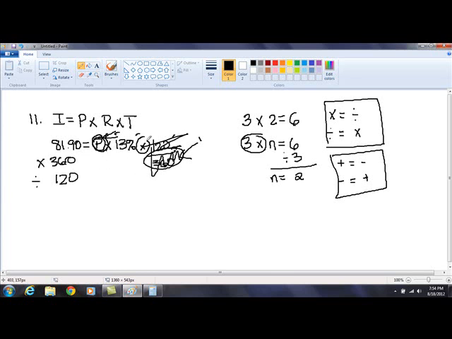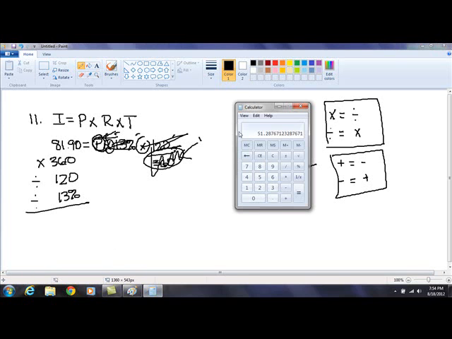Now 13% is currently being multiplied, so to bring it across, I will divide. Now, I've got everything on this side except for P, leaving P alone. That means when I solve this equation, that will give me the results of P.